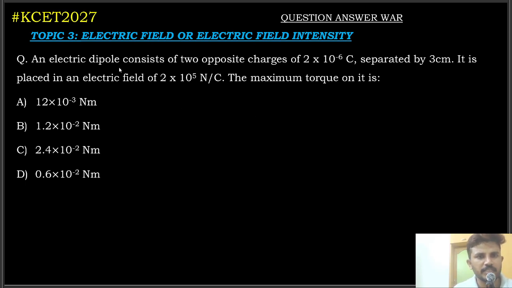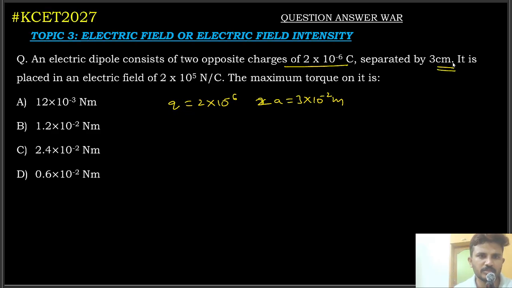Then electric dipole, consider this as your homework. I'll give the hint. Electric dipole consists of two opposite charges, q is equal to 2 into 10 to the power minus 6, separated by distance 2a, which is equal to 3 centimeter, 3 into 10 to the power minus 2 meter. This is the dipole length.